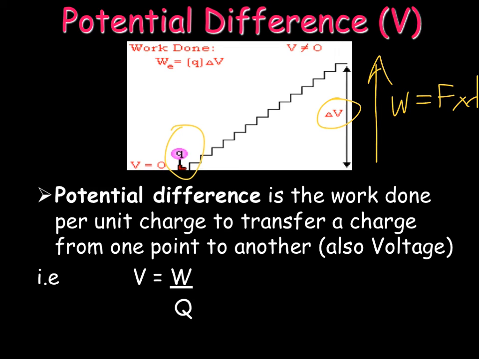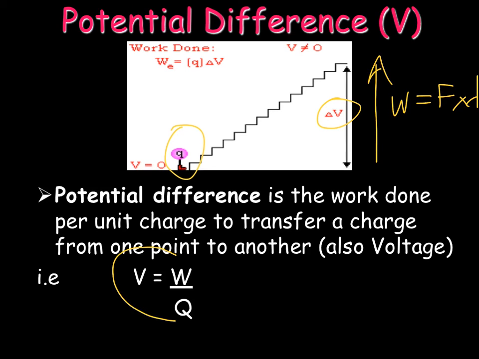So, in the same way as the amount of work you do to lift somebody up to the top of a staircase is their weight times the height of the staircase, the work done electrically is the charge you've moved times the voltage you've moved it across. So if I have a charge of 7 coulombs and I move it across 100 volts, then I've done 700 joules of work. This is dead convenient.